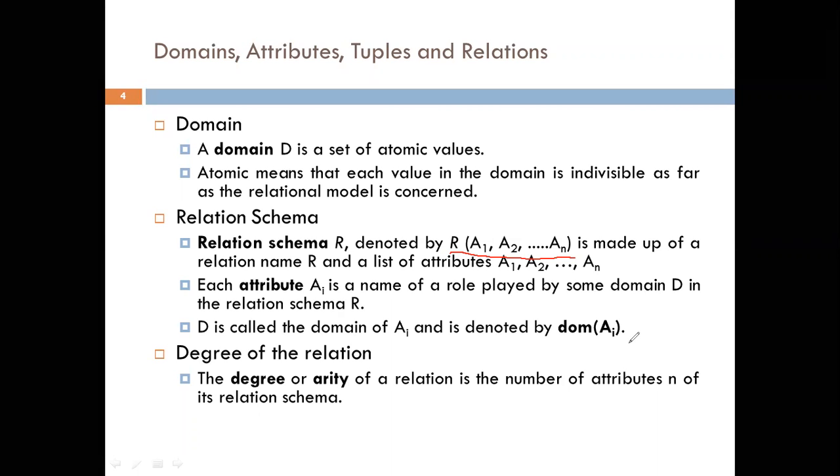It is the number of attributes n present in a relational schema. Here we are discussing the features and characteristics of the relational model. What we discussed in module 1 was the features and concepts of a database as a whole. Here we will be discussing the relational model of databases.